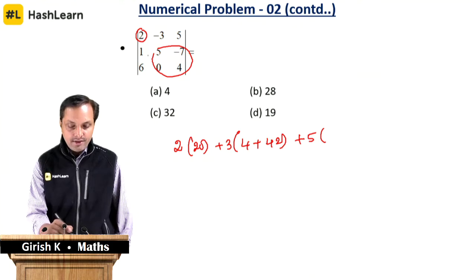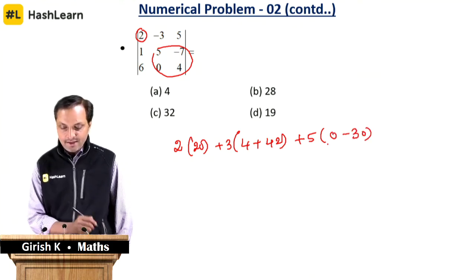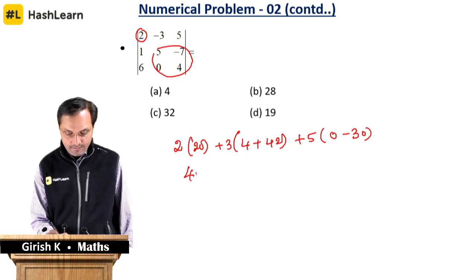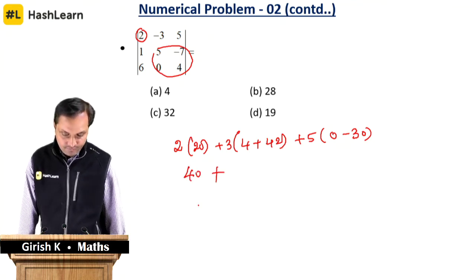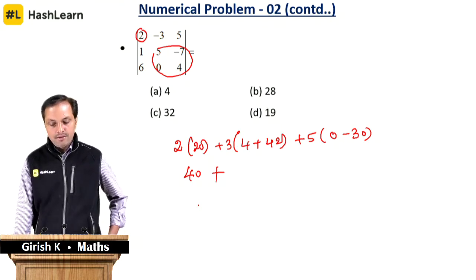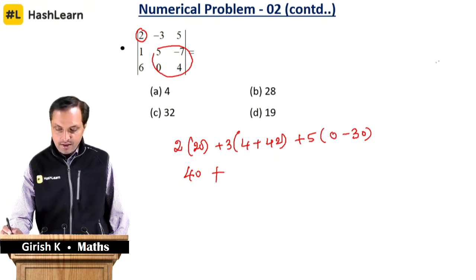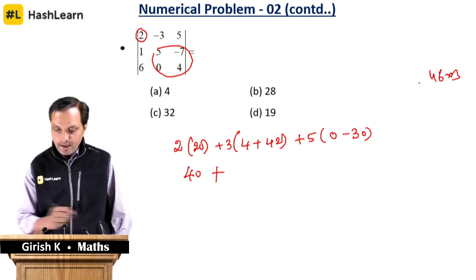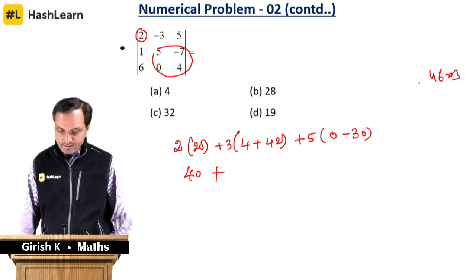Plus 5 into the determinant: 1 into 0 is 0, minus 5 into 6 is 30, so 40. That will be 42, plus 4 is 46. So 46 into 3 will give you 138.